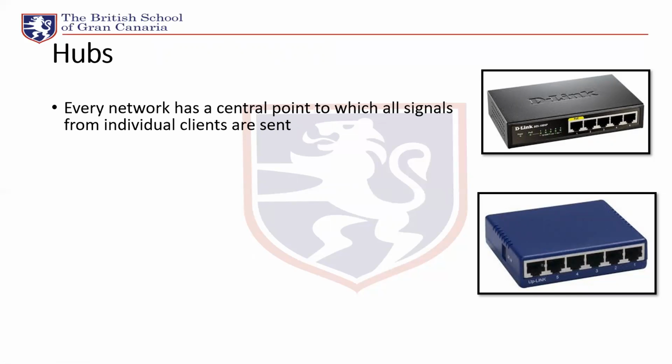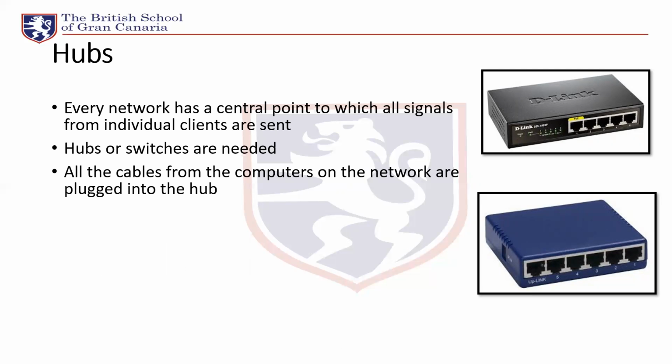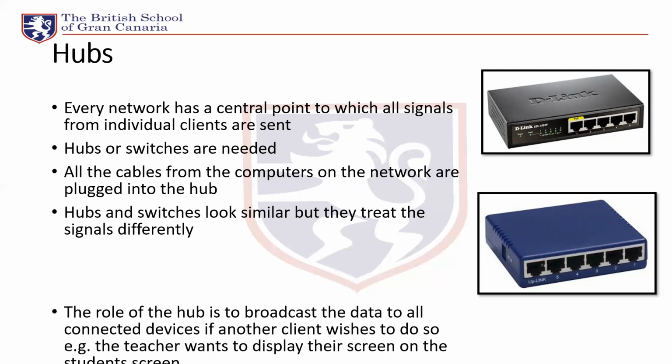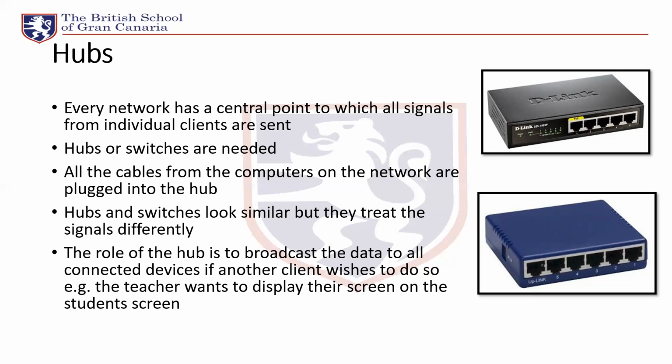Laptops can, but laptops would use a wireless signal. Most commonly what's used are switches because they're faster. The cables from the computers on a network are all plugged into the hub, and then from there, switches, which look similar but treat the signals differently, are connected to the server.